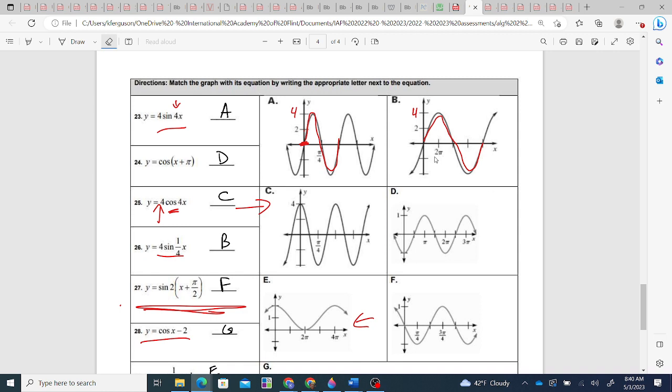So I look right here. Well, here's 0 to 2 pi, and it's just one piece. And then here, I don't even see 2 pi because I've got 4 of them that fit in there. So that's how I know that this one is A and this one is B.